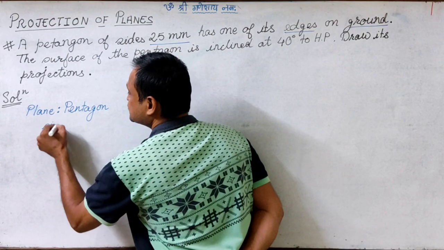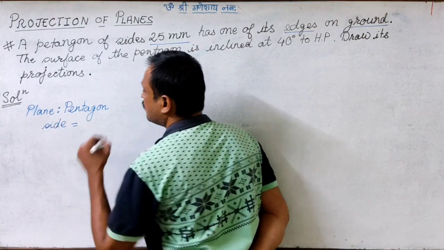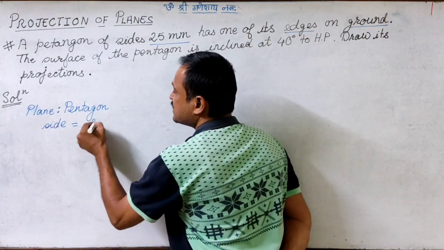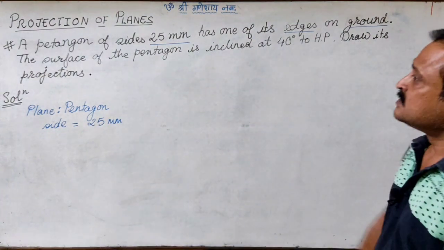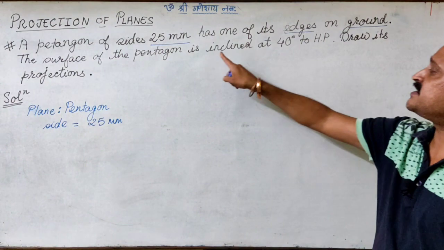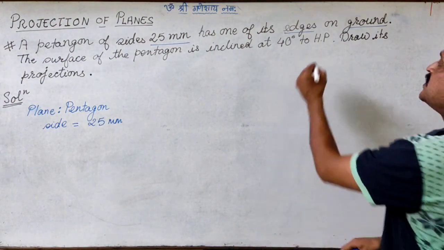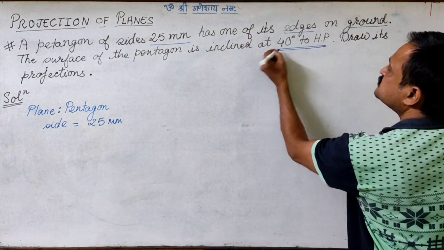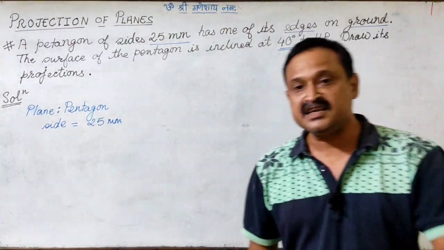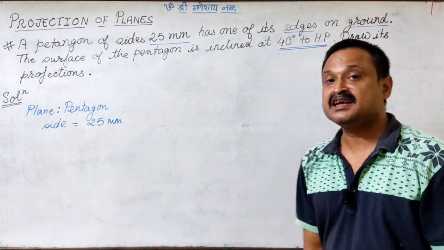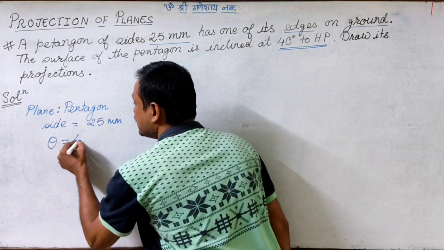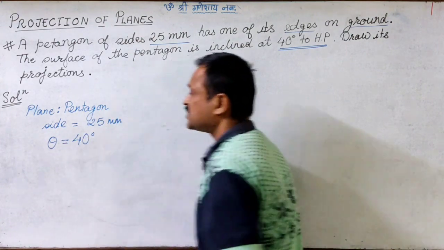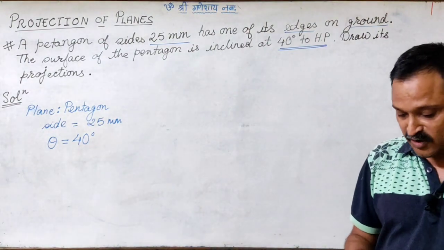The side lengths or edges are given to me as 25 millimeters. The surface of the pentagon is inclined at 40 degrees to HP. Inclination with HP is called theta, we have seen. So this theta is given to me as 40 degrees and we have to draw the projections.